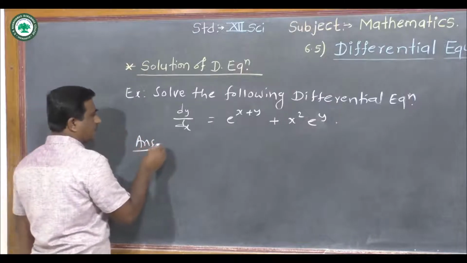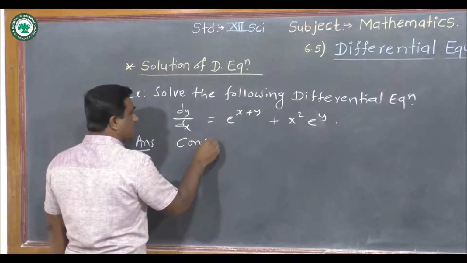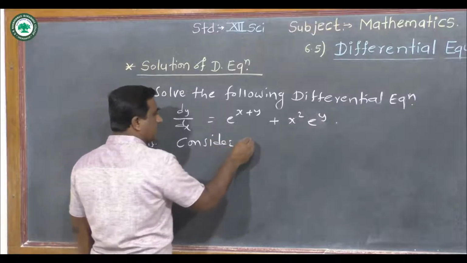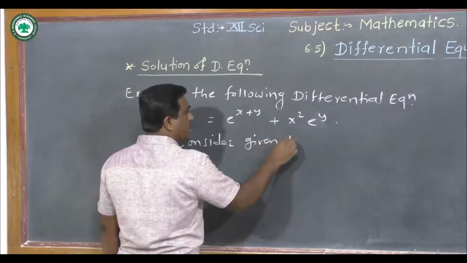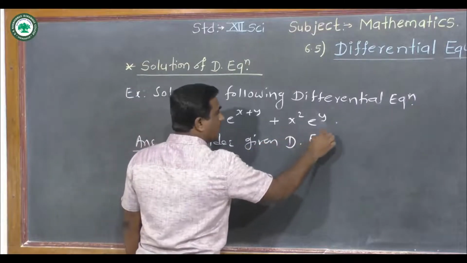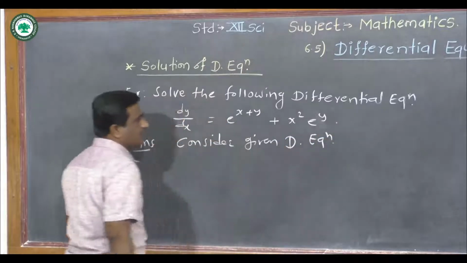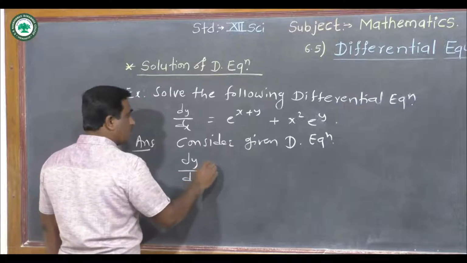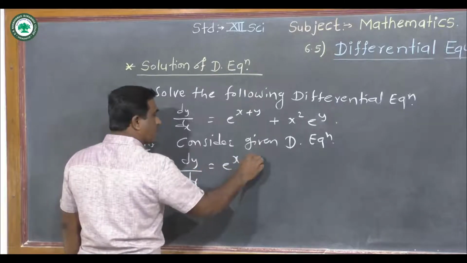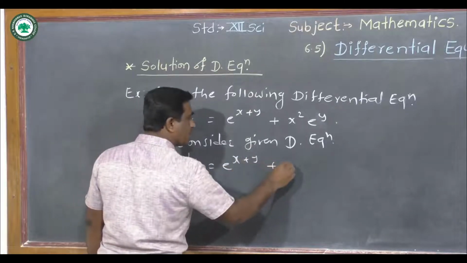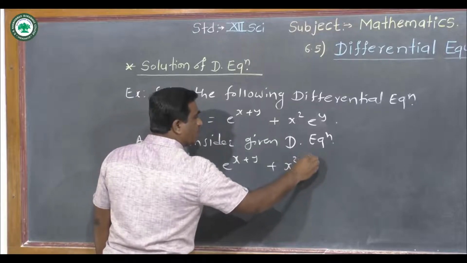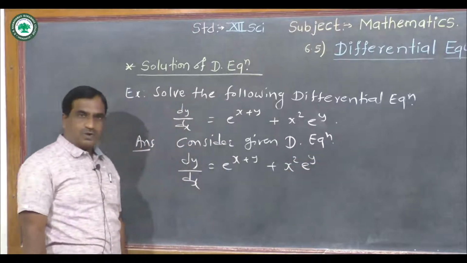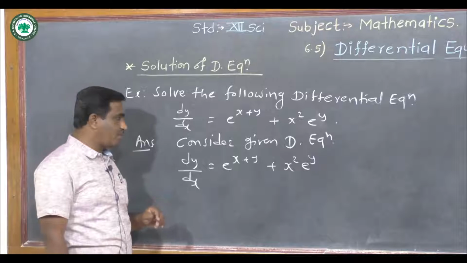Answer: consider the given differential equation. That is, dy by dx is equal to e raised to x plus y plus x square into e raised to y. Now we have to write this in variable separable form.